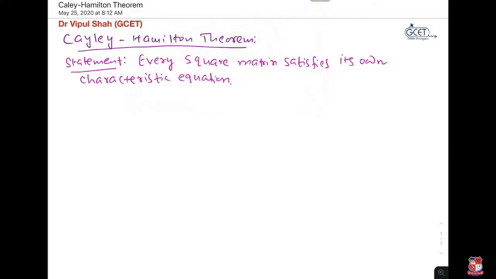What it says is like this: suppose you are having a 3 by 3 matrix, and suppose for that matrix the characteristic equation is, say, lambda cube minus 5 lambda square plus 6 lambda minus 10 equal to 0.